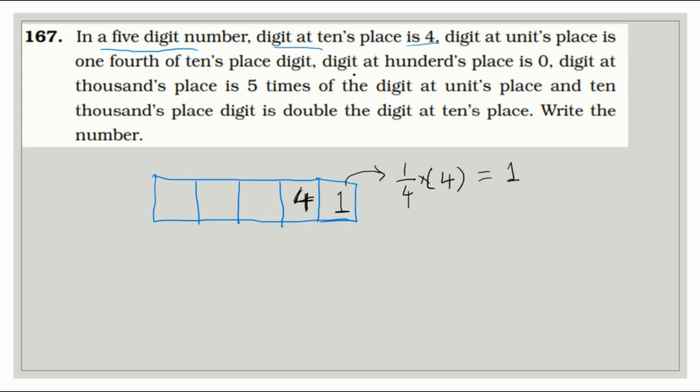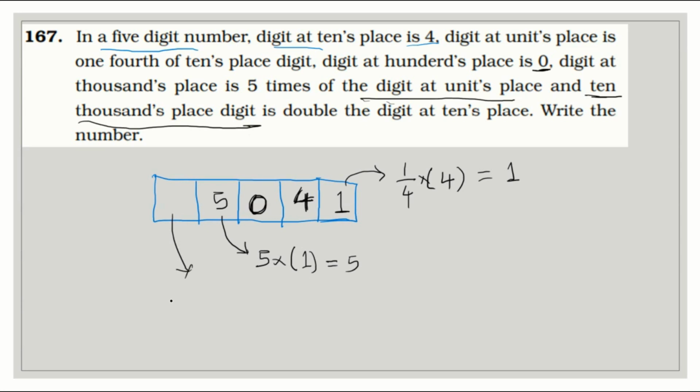Next, the digit at the hundreds place is given as 0. Now the digit at the thousands place is 5 times the digit at the units place. The digit at the units place is 1, so 5 times 1 gives you 5. So that 5 comes in the thousands place. Next, the ten thousands place digit is double.